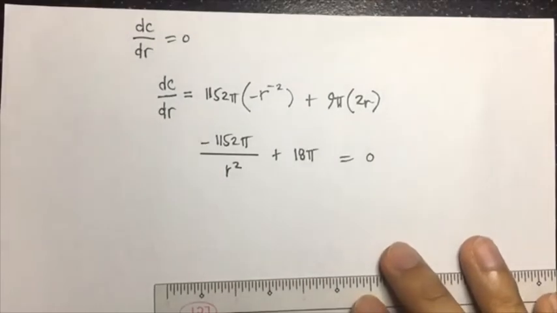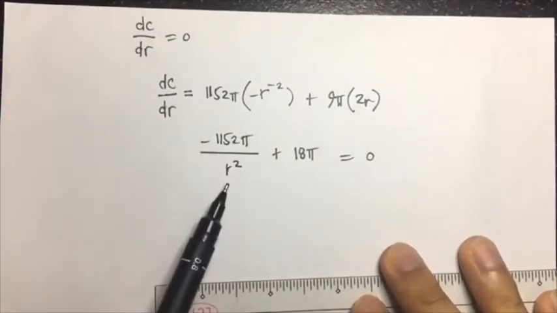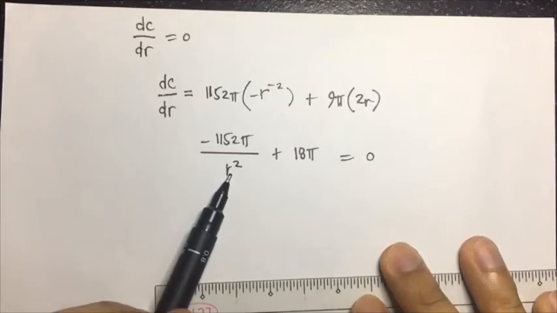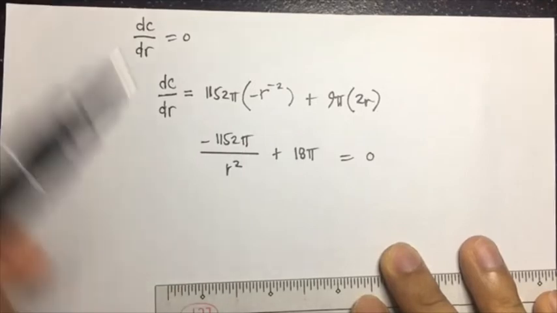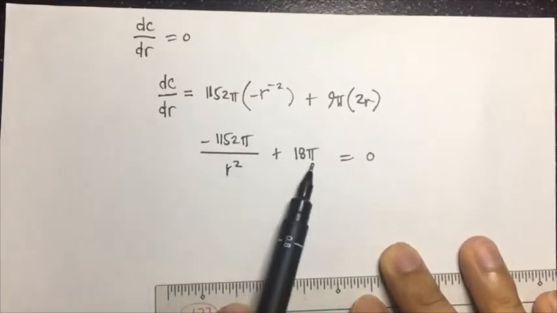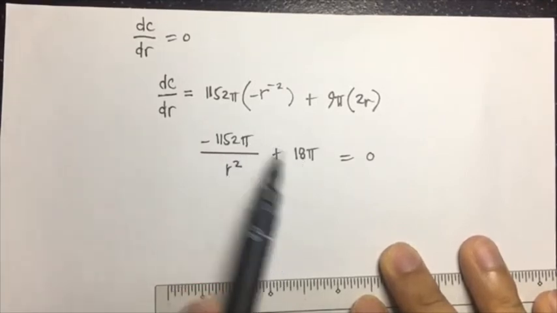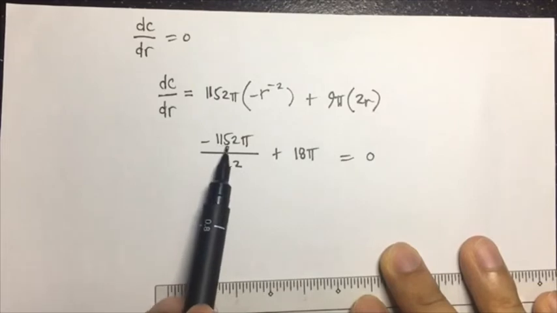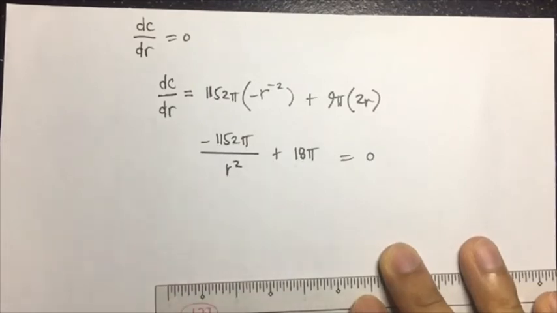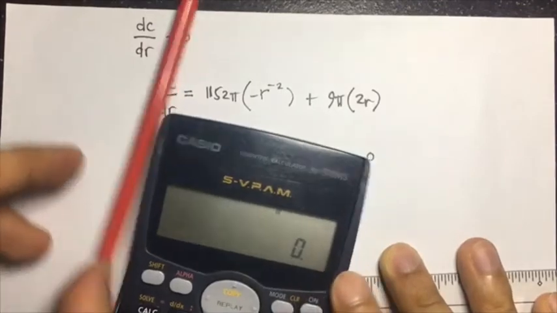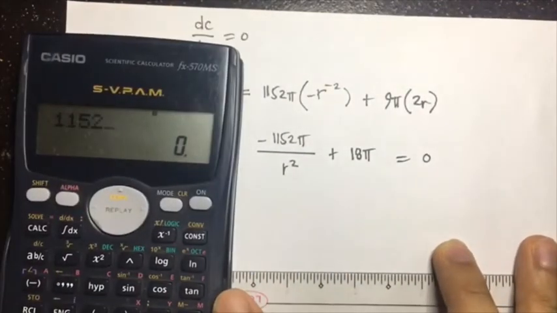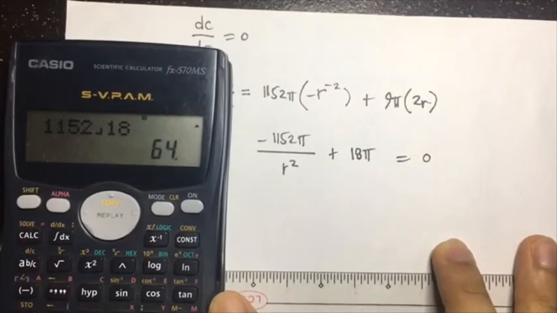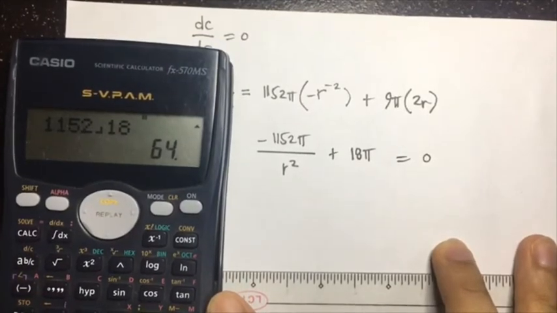So the next thing that we're going to do is solve for r. At the same time, let us eliminate pi, and also check if 1152 and 18 have a greatest common factor so we can simplify that. 1152 over 18, yes, it's a perfect multiple.